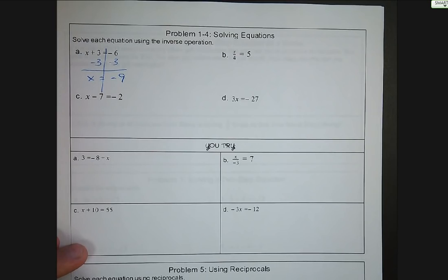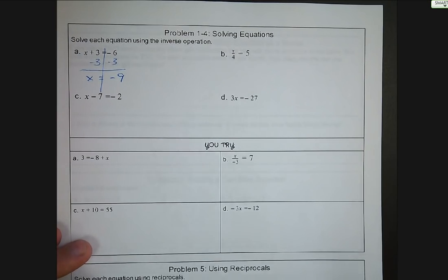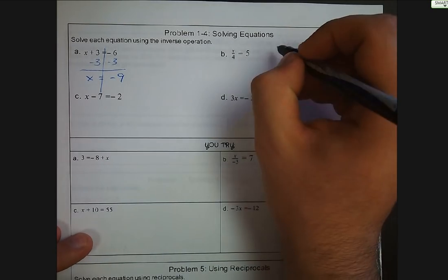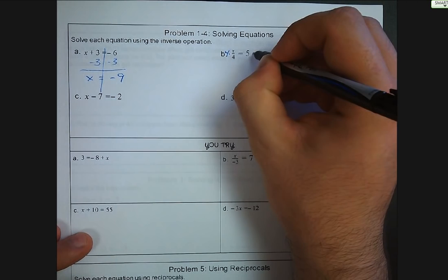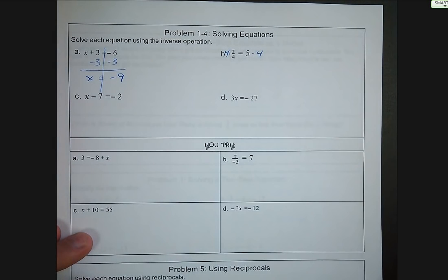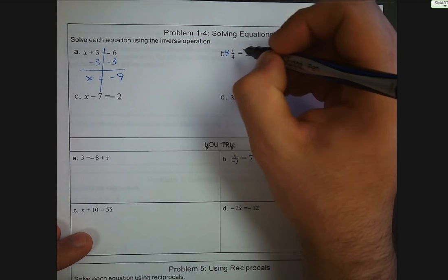All right. So letter B, we have x over 4 is equal to 5. The operation that's happening there is division, so the opposite of division is multiplication. So we're going to multiply both sides of the equation by 4. And so we get x is equal to 20.